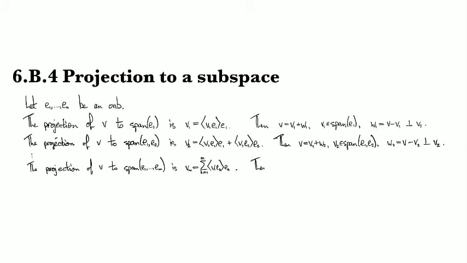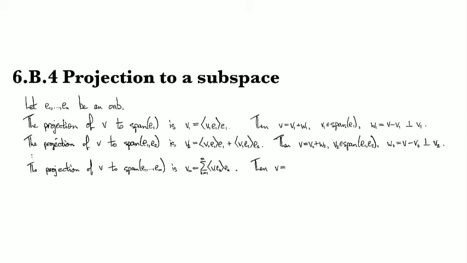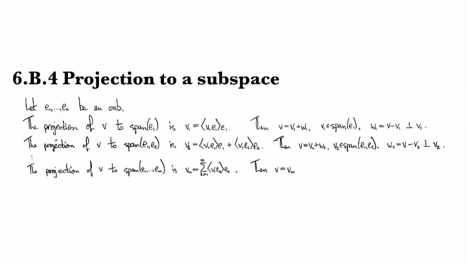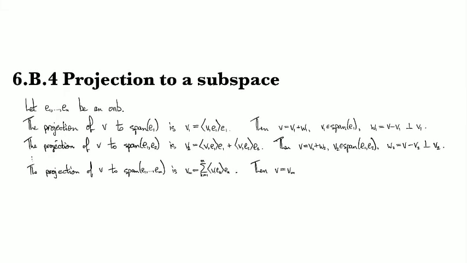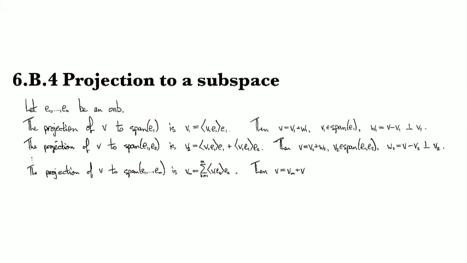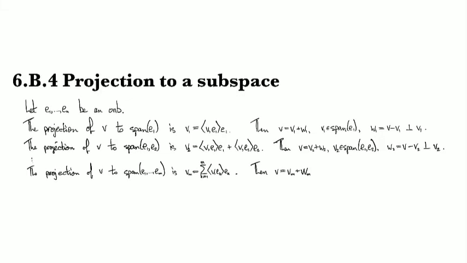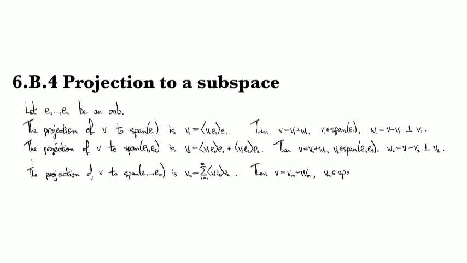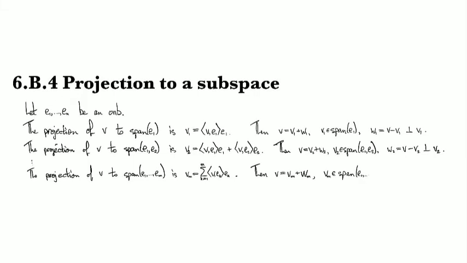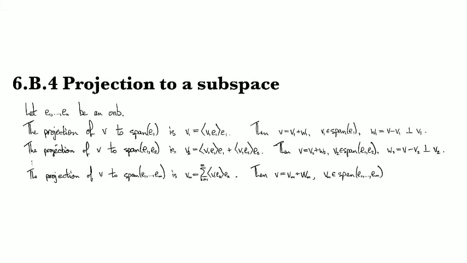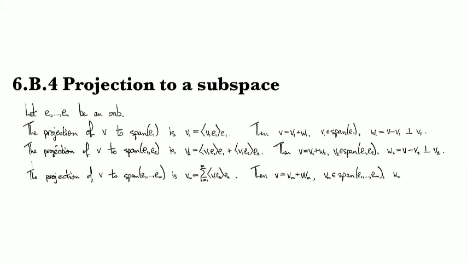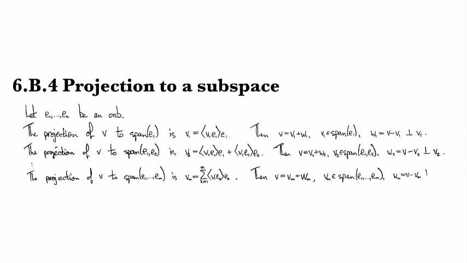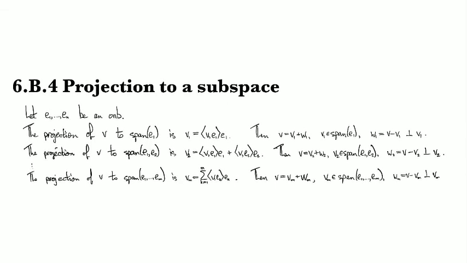And just as before, we have that v looks like the part that's in the span of the first m vectors and the rest. So vm is in the span of the first ones, and wm is the leftover part, and it's orthogonal to vm.